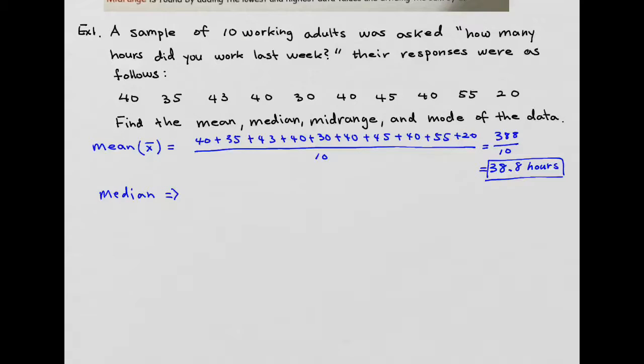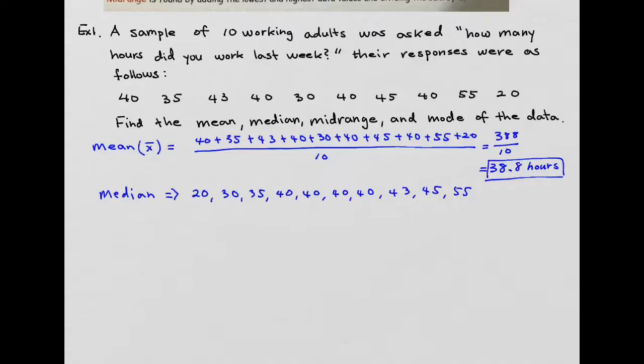The smallest number is 20, 30, 35, and we have a few 40s, and then we have 43, 45, and 50. Make sure we have all 10.